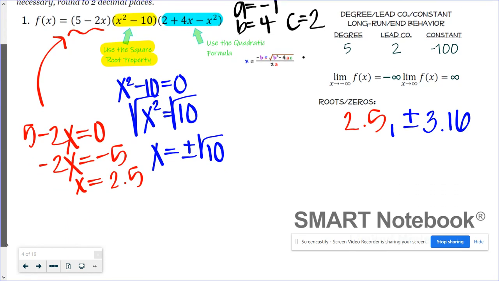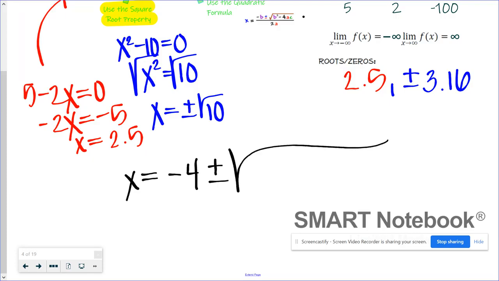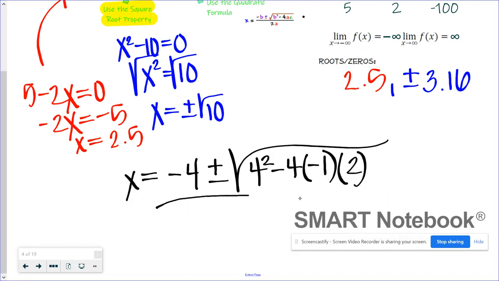So this is going to get to be a little bit messy. So I'm going to come down here and I'm going to write x equals, and I have negative b, so negative 4, plus or minus the square root of b squared, so 4 squared, minus 4 times a, which is negative 1, times c, which is 2. And this is all divided by 2 times a, so 2 times negative 1.